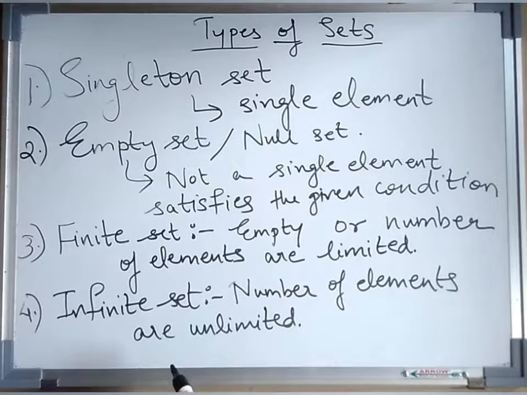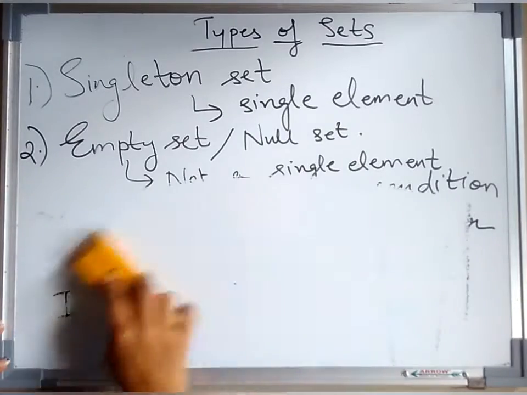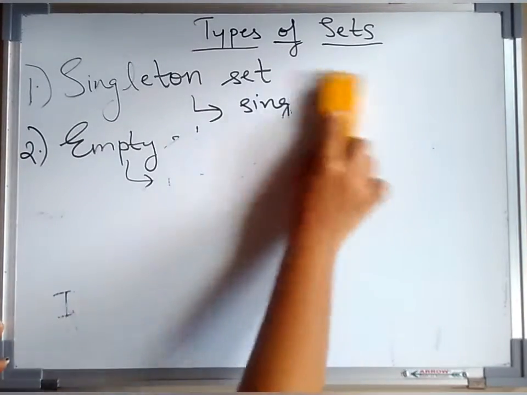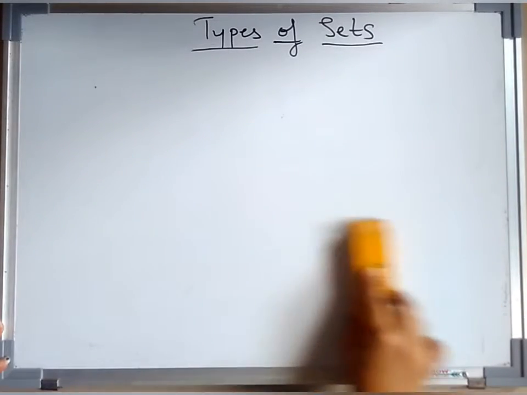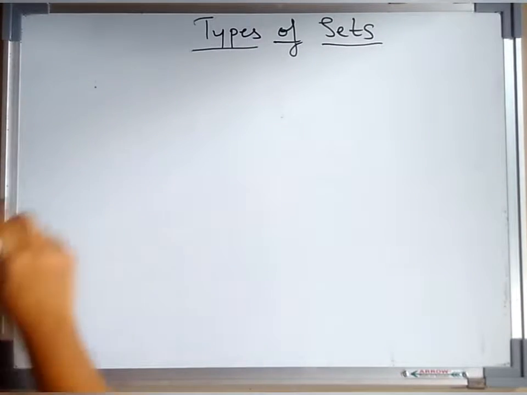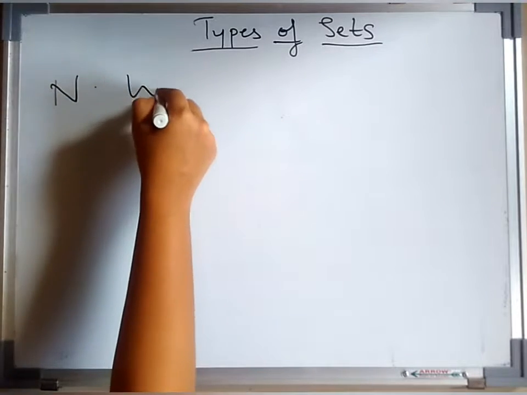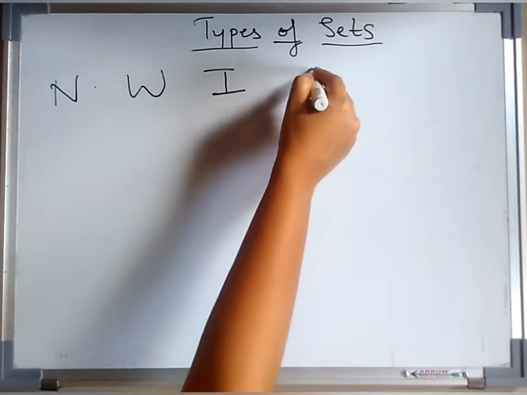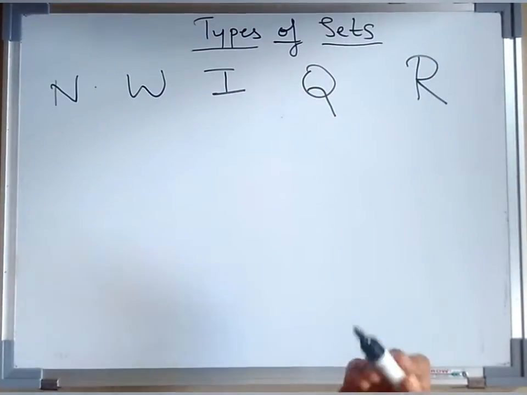Now next we will see some examples. In the first video we had discussed some fundamental sets of numbers, right? Set of naturals, wholes. Do you remember? Natural numbers, whole numbers, integers, rationals, and set of real numbers.